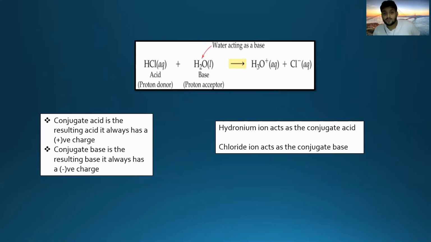Okay, so with that we come to the end of this video. In this video we discussed acids and bases. We started with giving some examples of what acids and bases are. Acids are substances that produce hydrogen ions, H plus ions, in a solution.